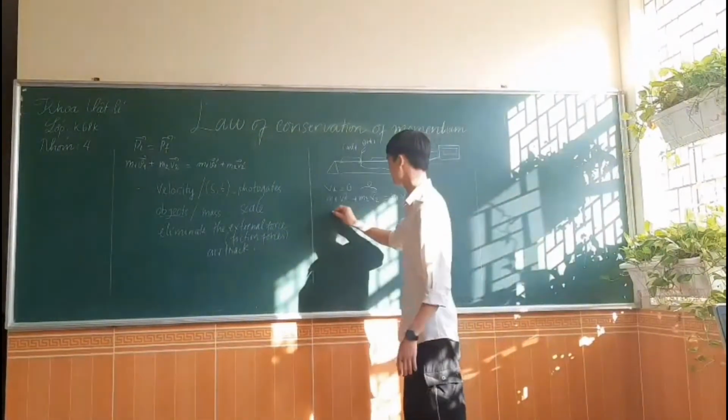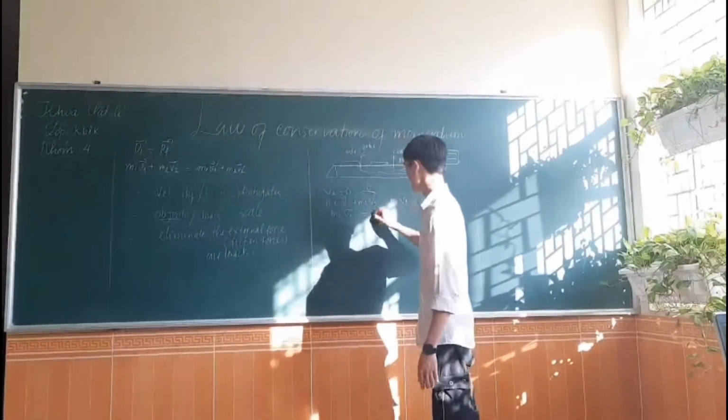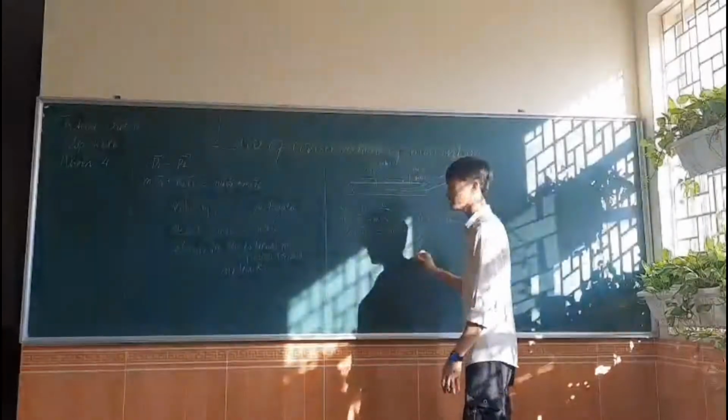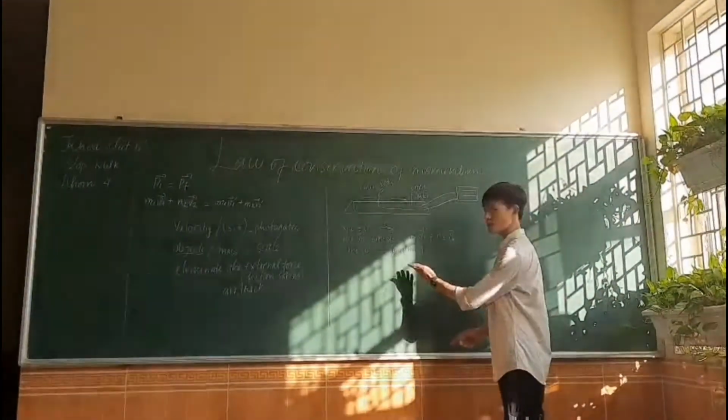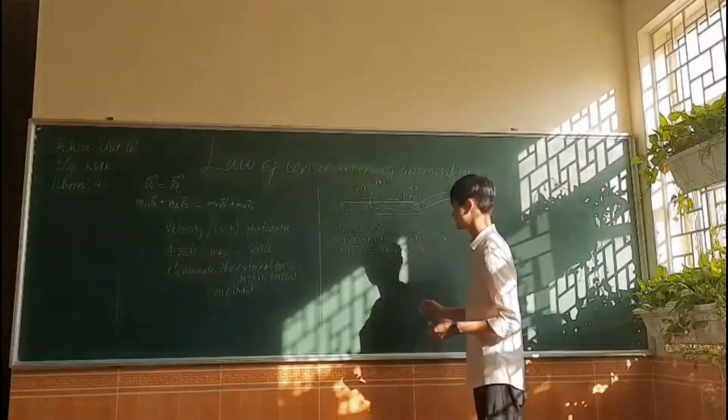So we have m1 v1 equals (m1 plus m2) v. After the collision, the two objects will stick and move with a common velocity v.